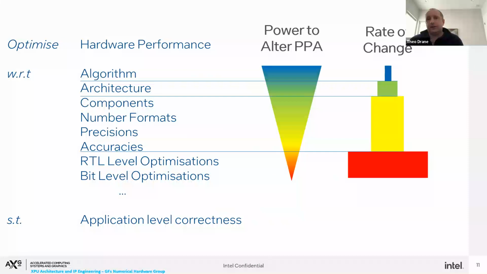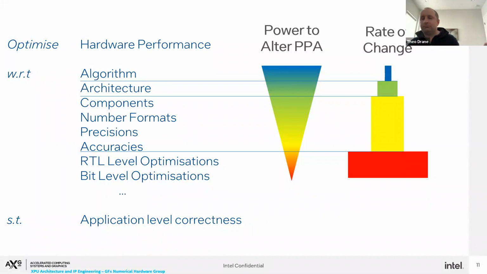But what is very interesting is for any design methodology, where is the time spent? Who has the expertise? And it's actually very entertaining. We basically have essentially these two inverted triangles. So it's kind of obvious that the power to alter your final power performance in area, PPA, basically descends actually quite rapidly as you make these choices.